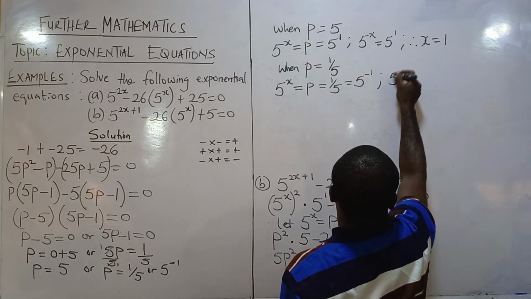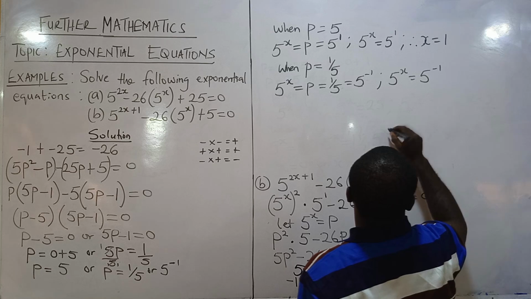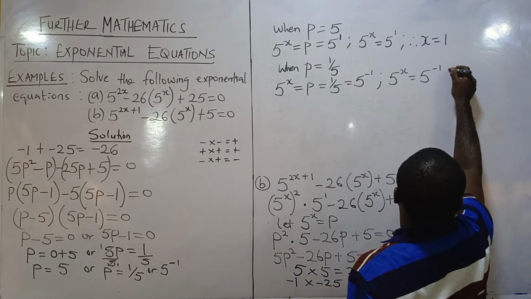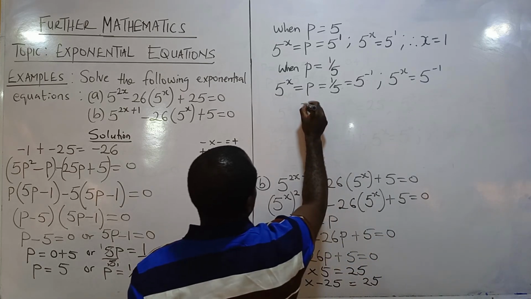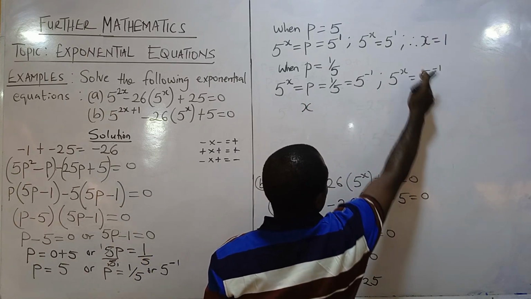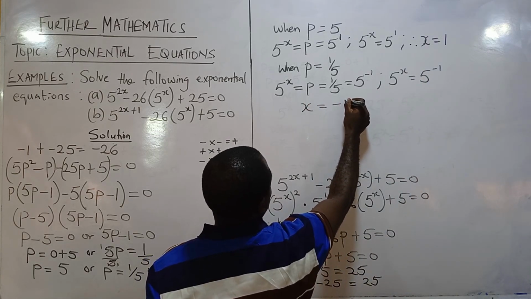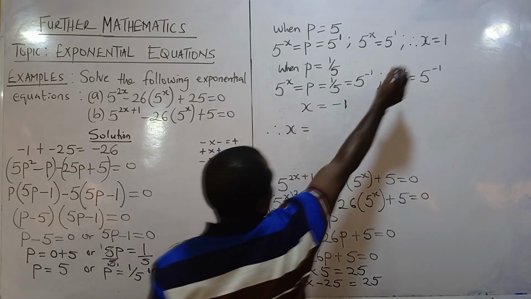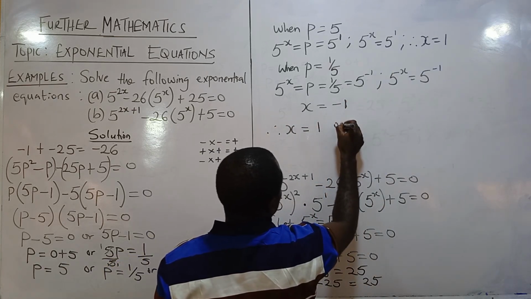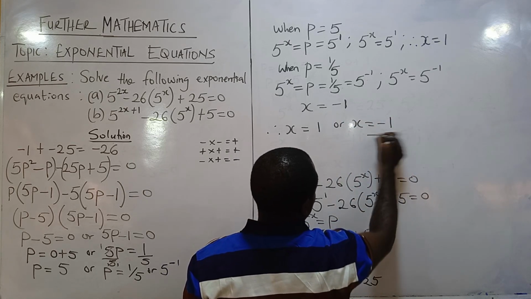Now say 5 raised to power x is equal to 5 raised to power minus 1. Since the bases are the same, equate the power, x equals minus 1. Therefore x equals 1, or x equals minus 1.